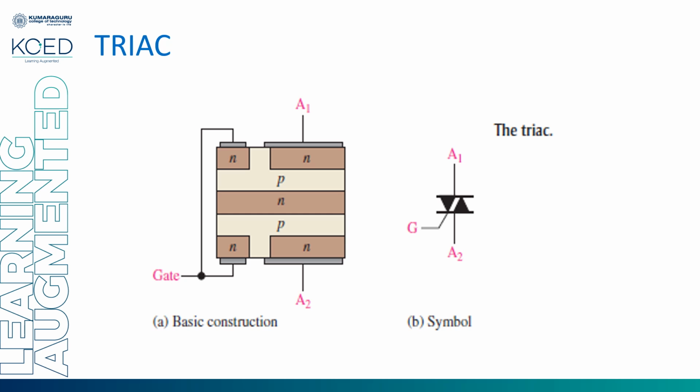And here also you have current passing in both the directions. In forward bias and reverse bias, you can expect maximum current.